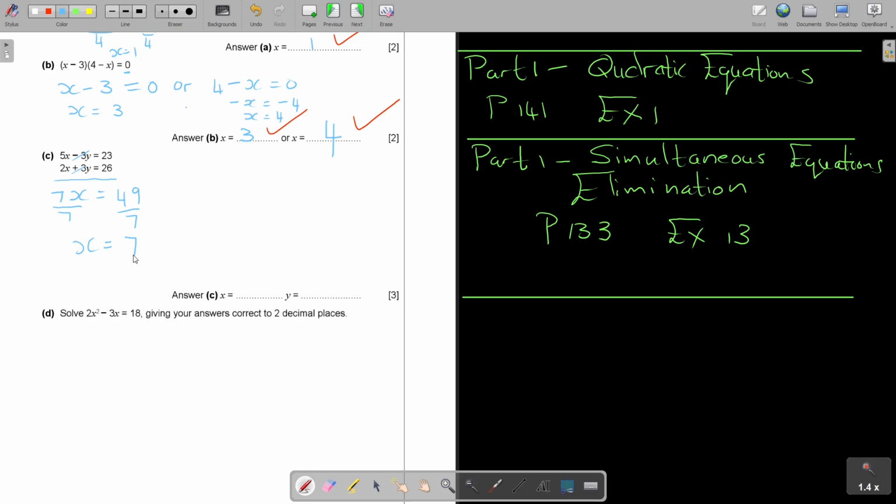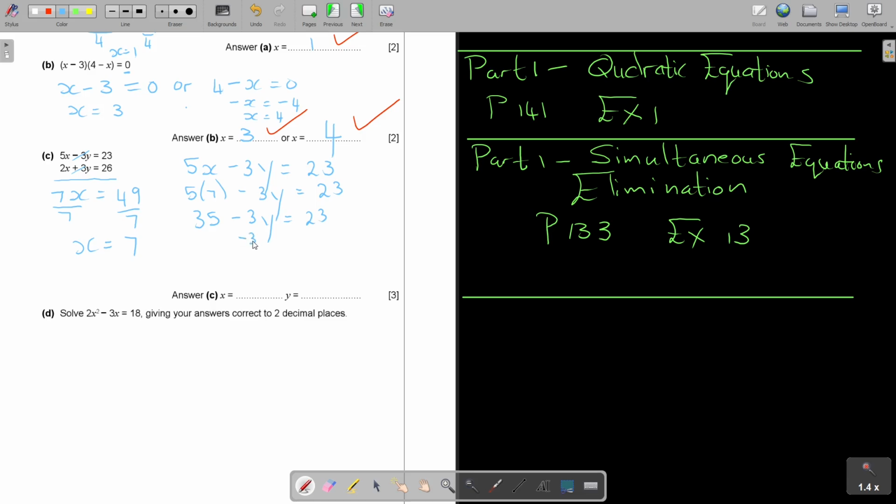But that's only x. I must still get y. How do I get it? I rewrite the first or the second equation. It doesn't matter. And then it's going to be 5 times 7 minus 3y is equal to 23. So 35 minus 3y is equal to 23.